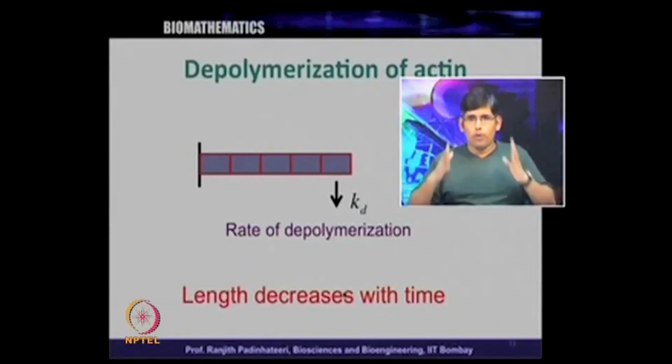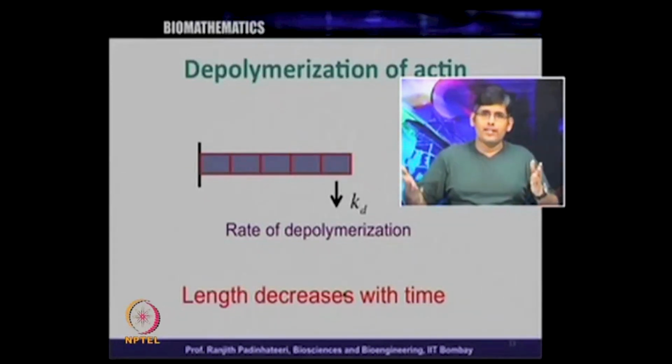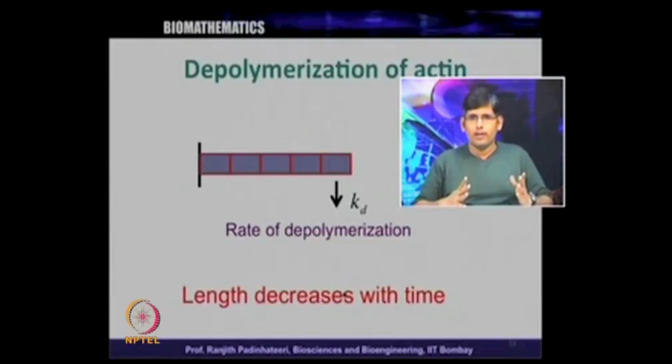So, we have to somehow put in this difference, increase and decrease. They are opposite things. How do we put this in mathematically? As you know, we always use positive for increase and negative for decrease.